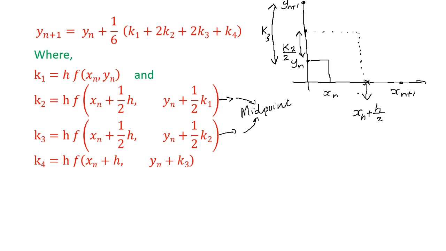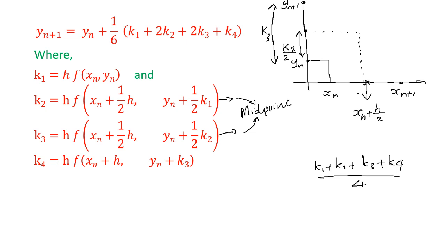So with this approximation we'll have some approximate value of the function. What we do is use k1, k2, k3 and k4, but with slightly different weights, not equally weighted. If it is equally weighted, the average value is k1 plus k2 plus k3 plus k4 by 4.